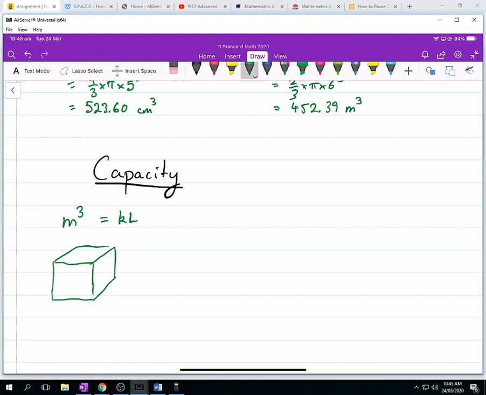Kiloliters are used quite often. For example, water bills are charged by how many kiloliters you use. It's currently about $2.20 per kiloliter for Sydney Water. The other direct conversion that we know is that a cubic centimeter is the same size as a milliliter.